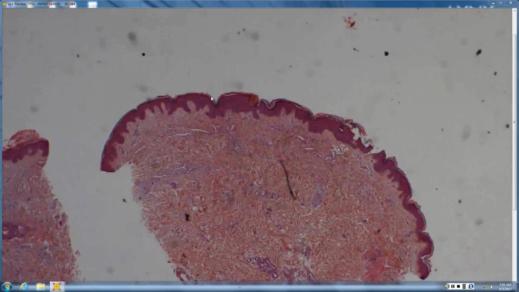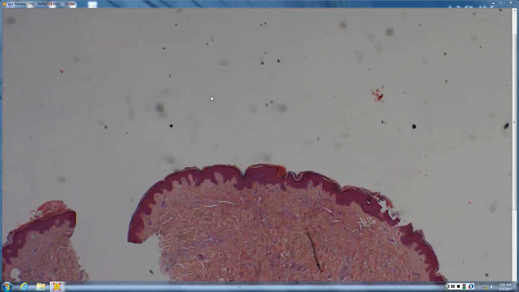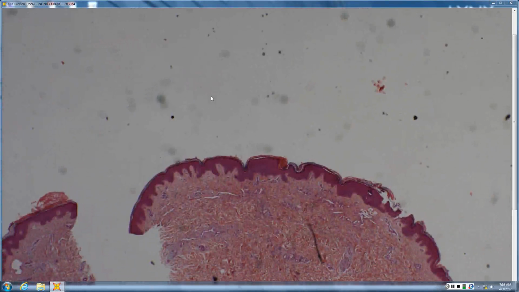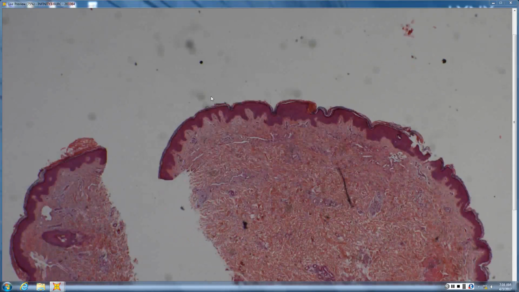Okay. So this one is the targetoid hemosiderotic hemangioma, or hobnail hemangioma. And these ones can be pretty subtle. But ideally what you see in the center is a slightly larger vessel, maybe it's bisected.